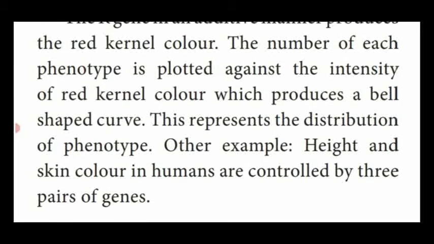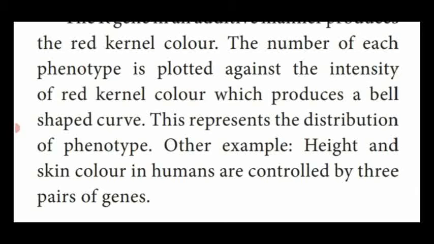That means depending upon the number of R genes, the color of the wheat may vary. The graphic representation shows the bell-shaped curve that represents the distribution of phenotypic ratio in wheat kernel color.